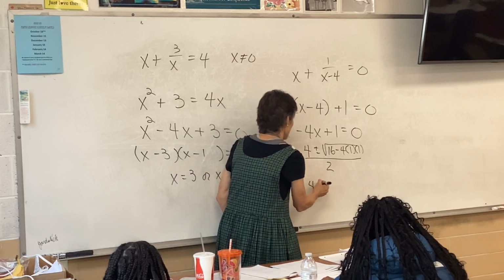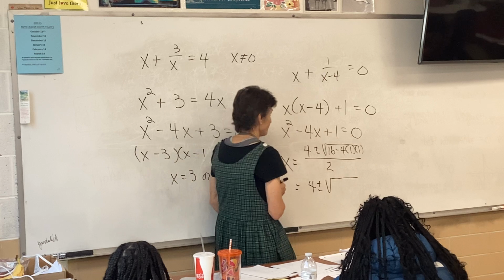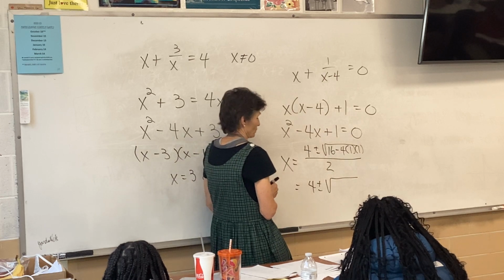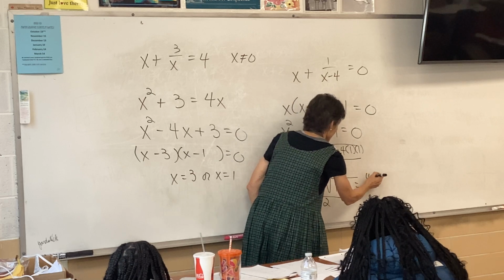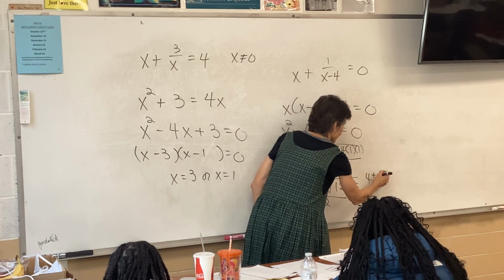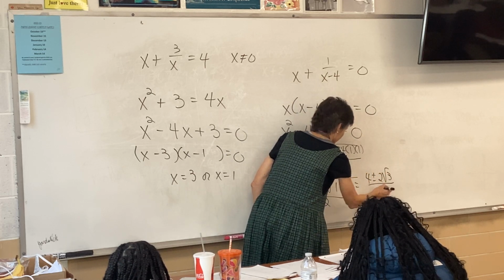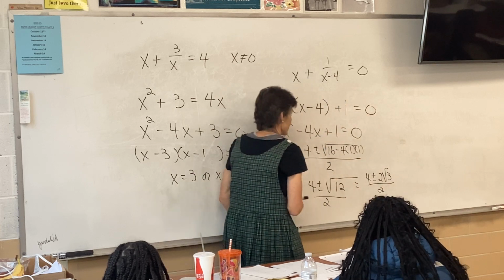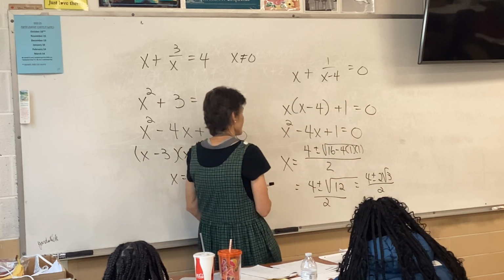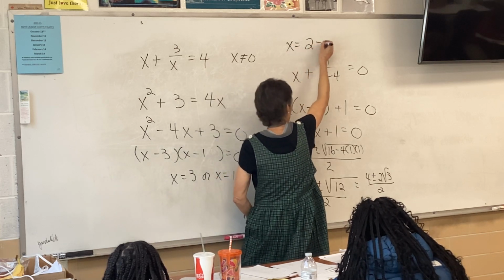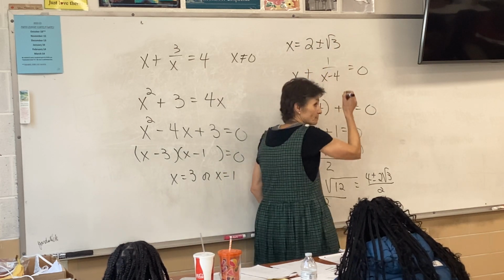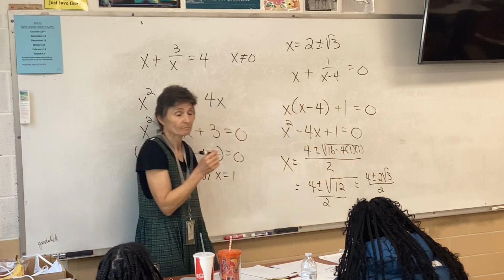So 4 plus or minus the square root of 12. And the square root of 12 is 2 root 3. And now everything's divisible by 2. This is the problem that never ends. x equals 2 plus or minus root 3. Yes, that's correct.